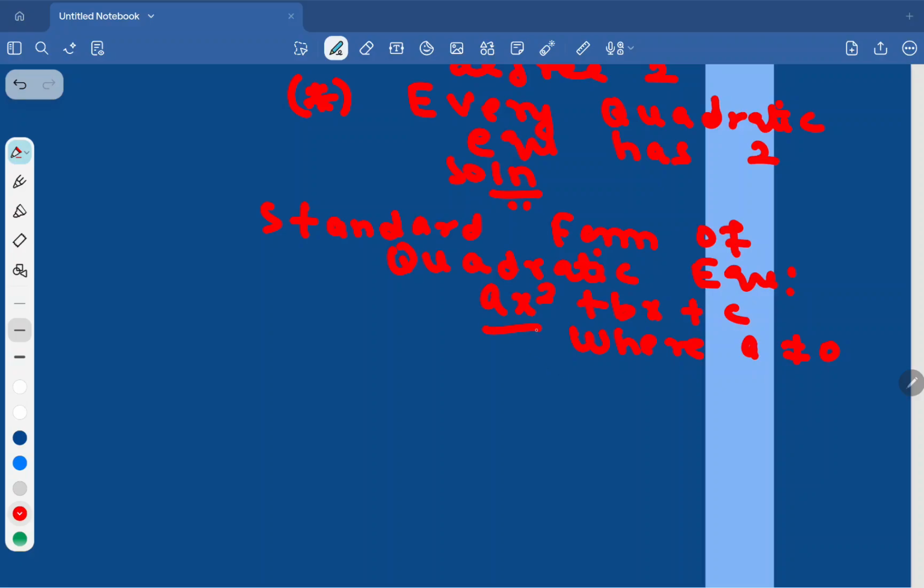If a happens to be 0, it becomes bx plus c. This is not quadratic, this is linear, because power of x, x power 1, therefore it is linear, not quadratic. Therefore a should be not equal to 0.